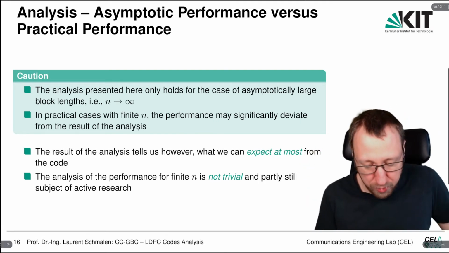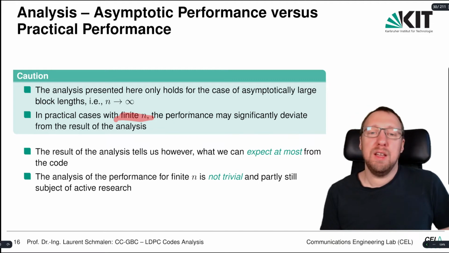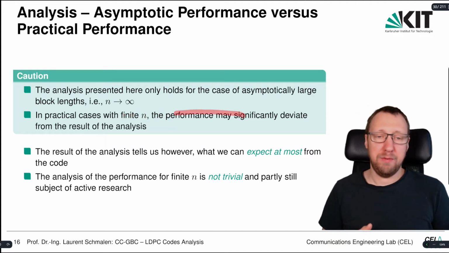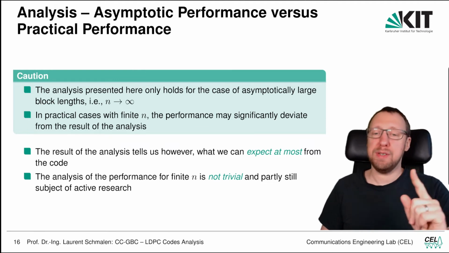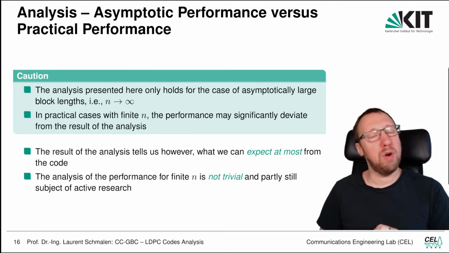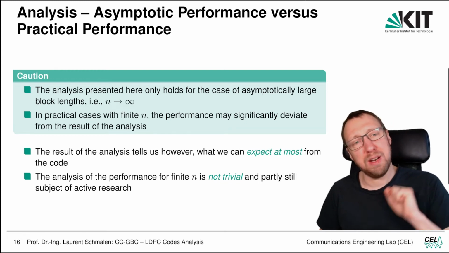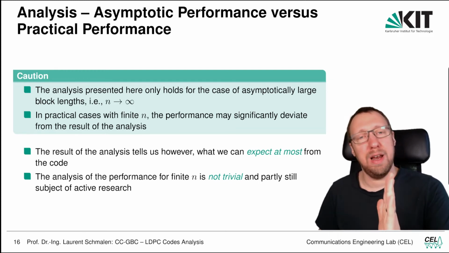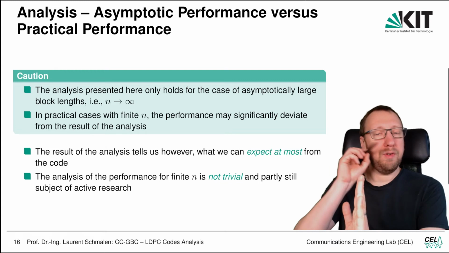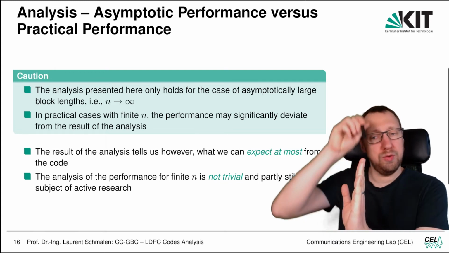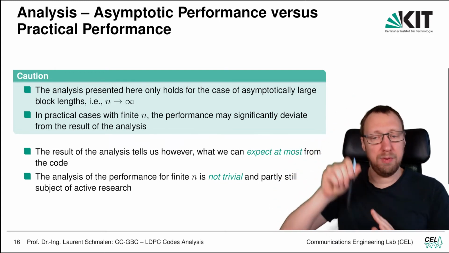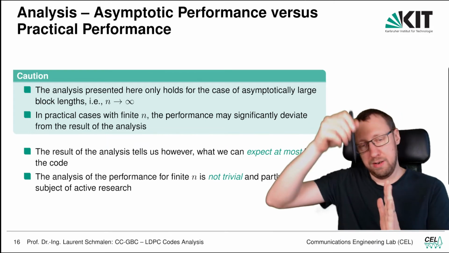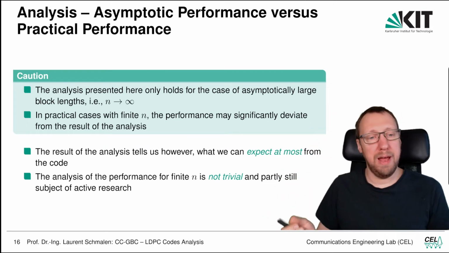So if you have a code with finite n, the performance may deviate from the results of the analysis. But the analysis shows us what we can expect at most from a code. The best possible code that we can design will have this performance. So epsilon equals 0.4292. It will rapidly drop in error rate and will be able to decode.